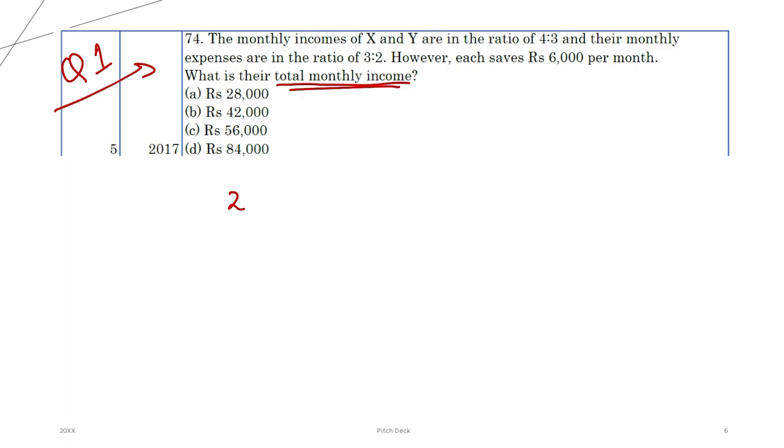Yes, 24,000 and 18,000, I guess these were the values. So 42,000 is the total earning of X and Y, right? That is why doing PYQ is very important. The questions could either repeat directly or the question could repeat with a slight modification in the values that they could have asked you.